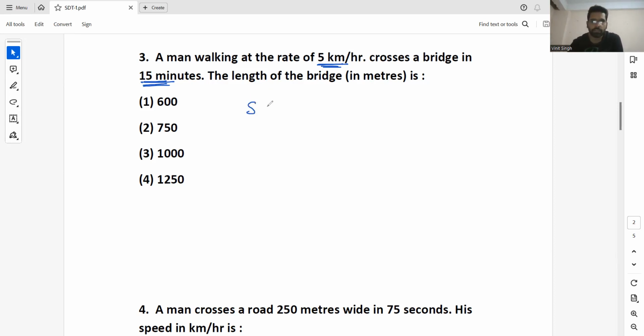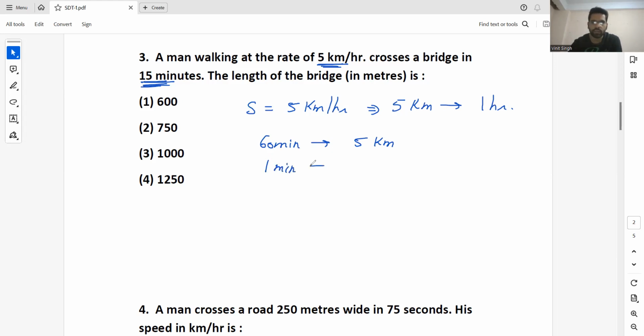Now, speed is given 5 km per hour. Now we know that the man covers 5 kilometers in 1 hour. We can say in 60 minutes he will cover 5 kilometers. But here he covers it in 15 minutes. So in 60 minutes he covers 5 kilometers.